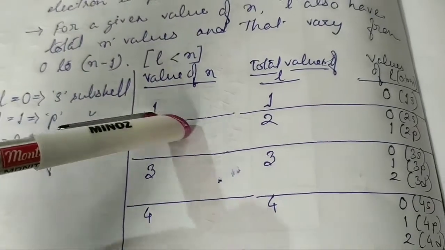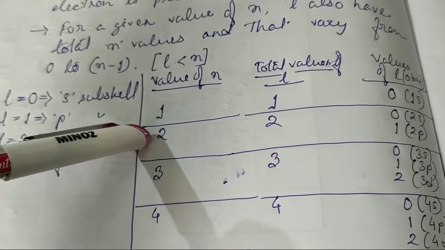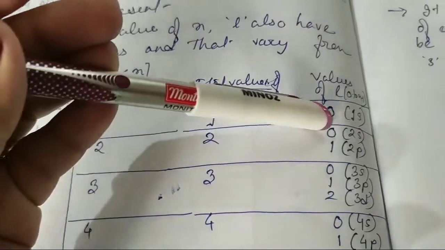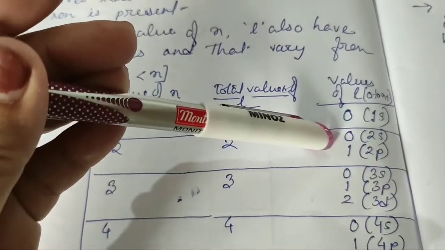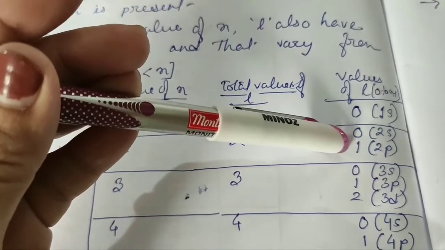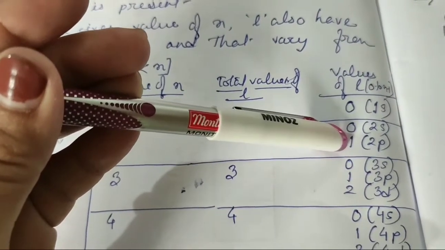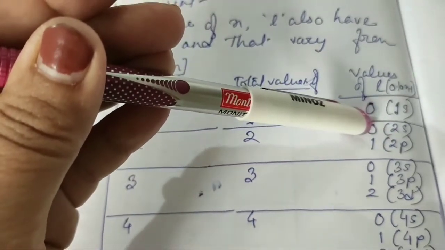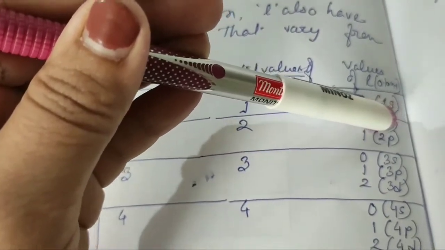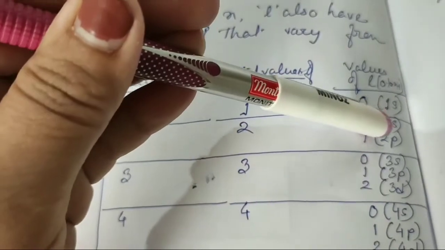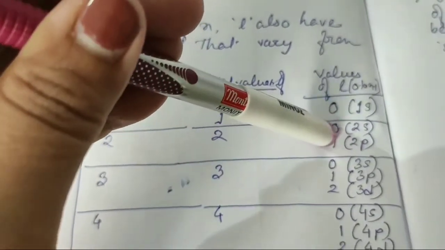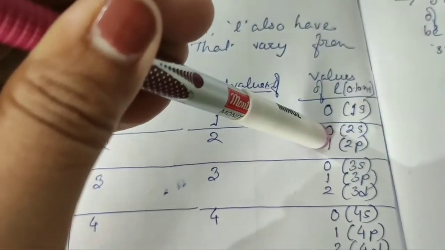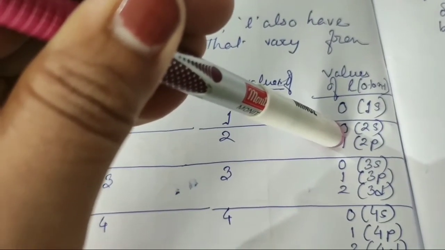Similarly, for n equal to 2, total values of l will be 2, and it will vary from 0 to n minus 1, that means 2 minus 1, which is equal to 1. And how can we name it? For 0 it will be 2s, and for 1 it will be 2p. So if you are given a subshell like 2p, what information can you know from this subshell?